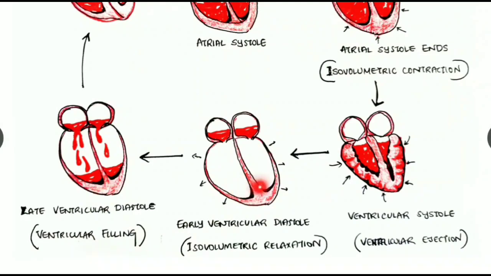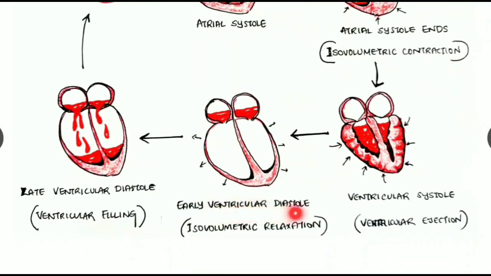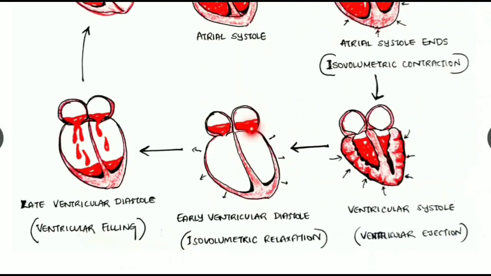This early ventricular diastole is known as this isovolumetric relaxation. Here both the mitral and the tricuspid valves are closed, and no blood is flowing into the ventricle via the mitral valve. So in this early stage of diastole, as there is no blood flowing via this mitral valve, there is no murmur in this early diastole stage.